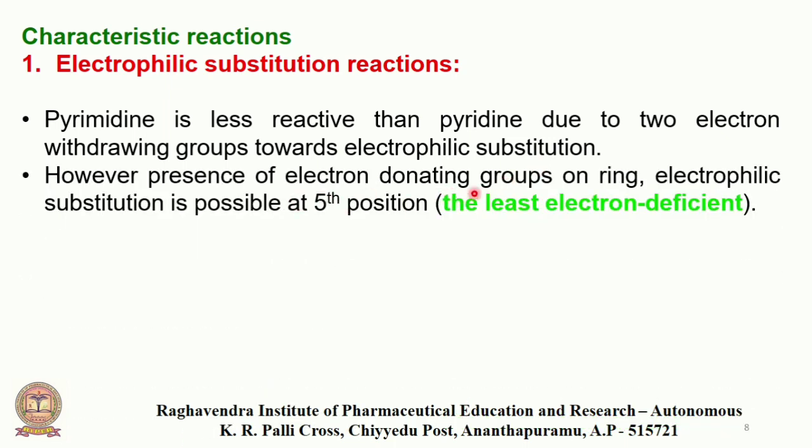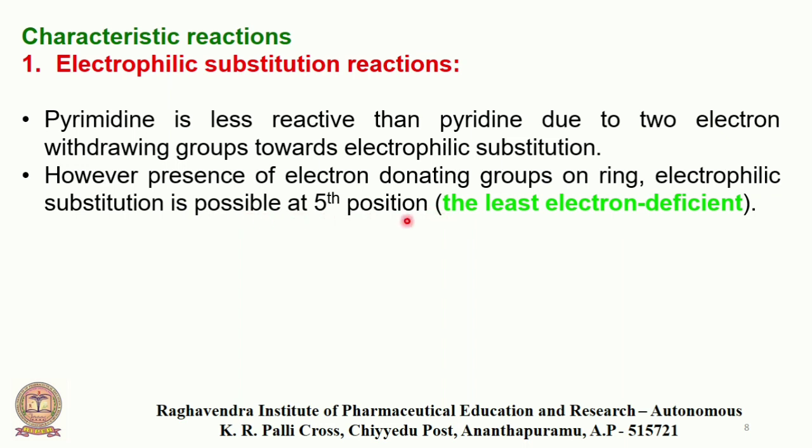However, in the presence of electron donating groups, things change. Plain pyrimidine does not undergo electrophilic substitution reactions, but substituted pyrimidines easily undergo them, provided they contain electron donating groups. The substitution takes place at the fifth position.